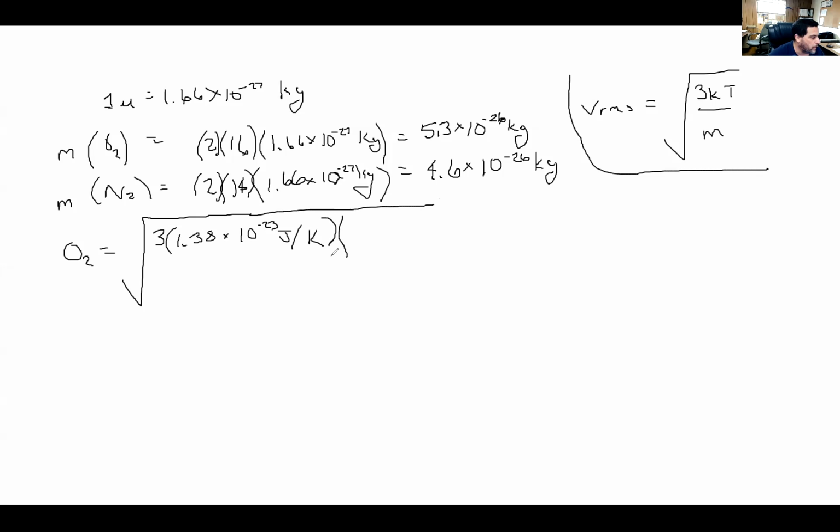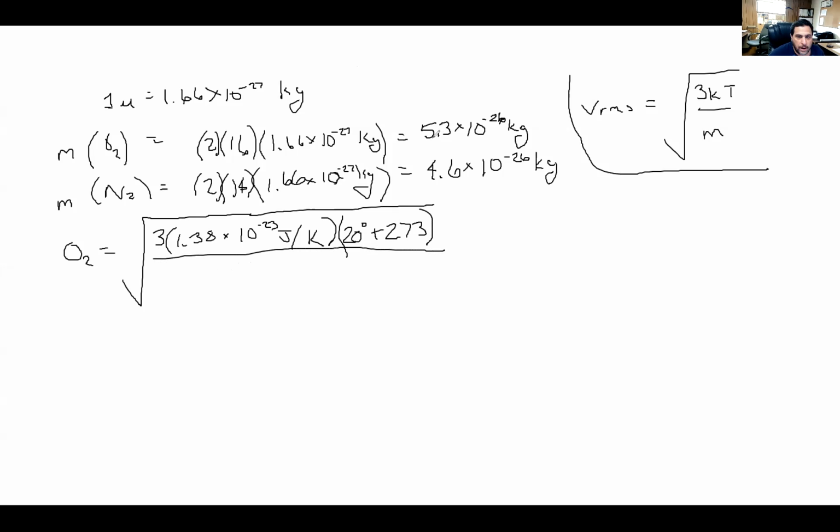The temperature that we were given was 20 degrees C, but we want it in Kelvin. Whoops, it's 273. 273 plus 20 is going to give me 293.